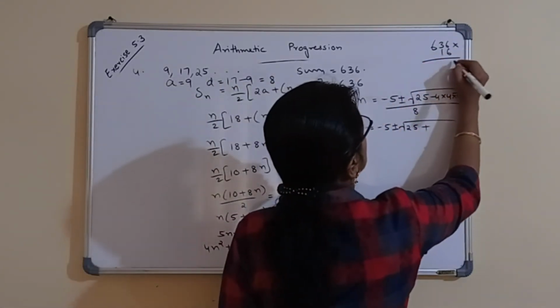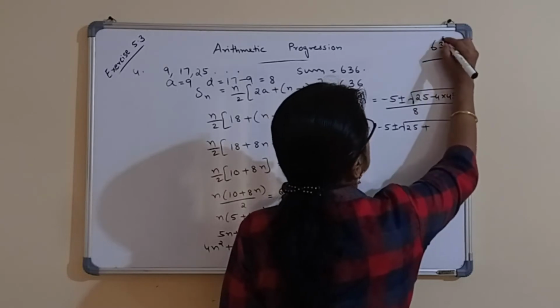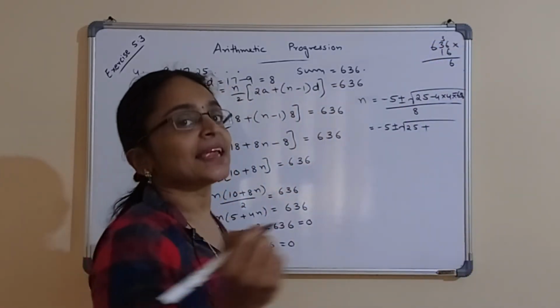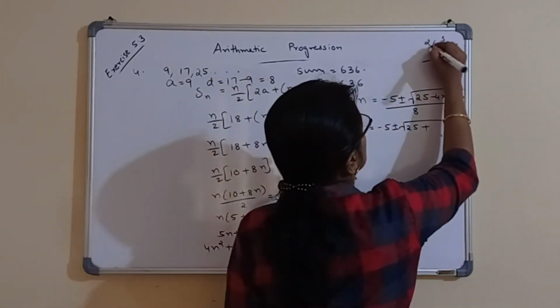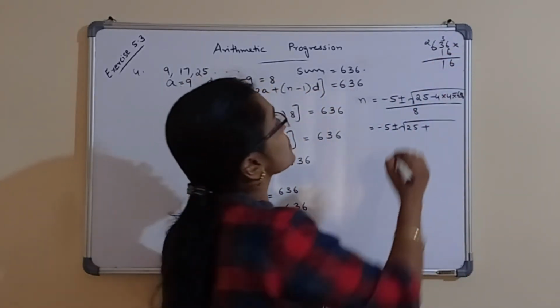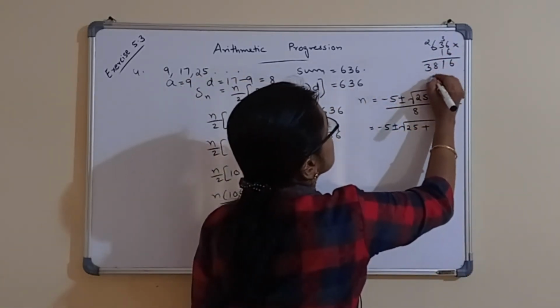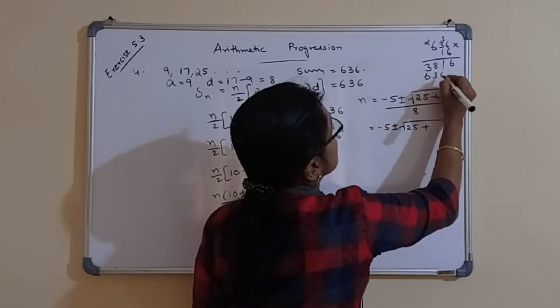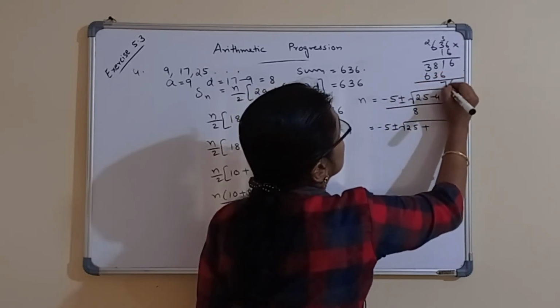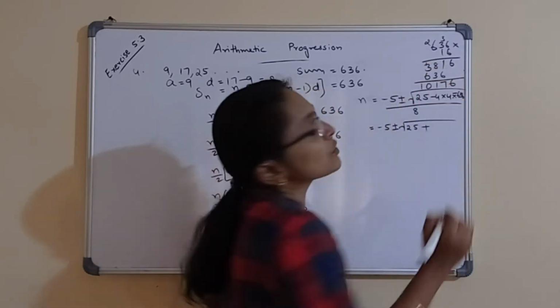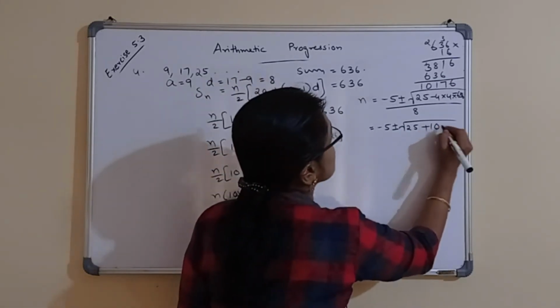So multiplying this we will get 6 6s are 36, 3 6s are 18, 18 plus 3 is 21, 6 6s are 36 plus 2 is 38, and so we'll get 10176.